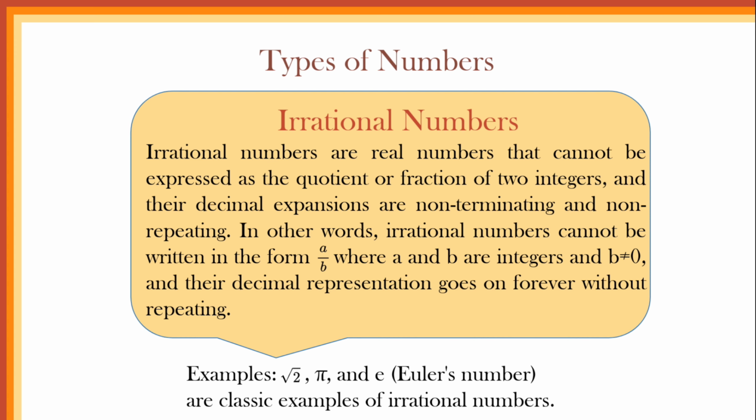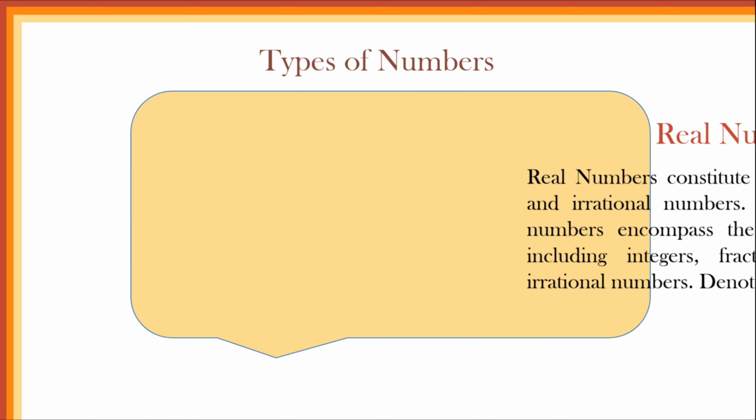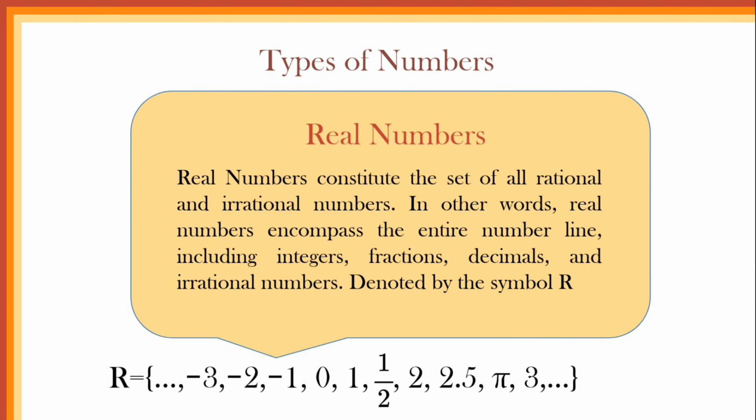Irrational numbers add another layer of complexity to the real number system, coexisting with rational numbers to form a complete and diverse set. Their inclusion is essential for a comprehensive understanding of mathematical concepts and the representation of quantities in various contexts. The next type of numbers we can explore is the set of real numbers.